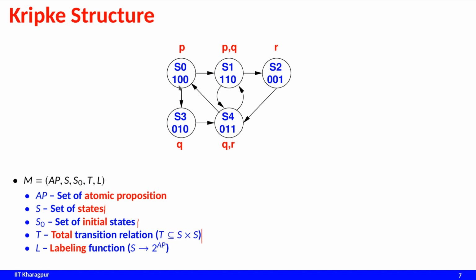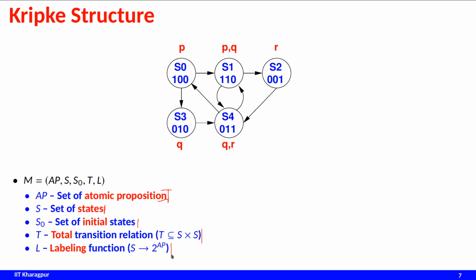So from a given state, I should be able to move to some other state. And apart from that, the extra thing that we will have in a Kripke structure is a set of atomic propositions. So this is the proposition that will be labeled to each state.